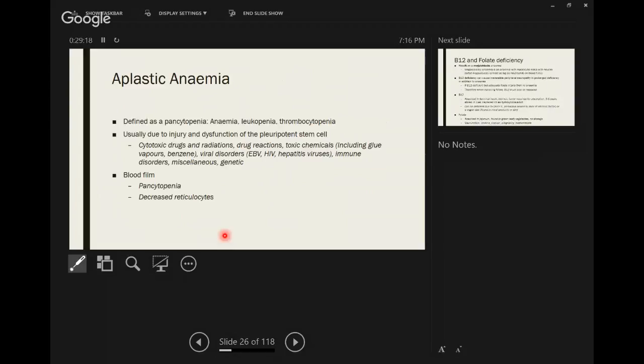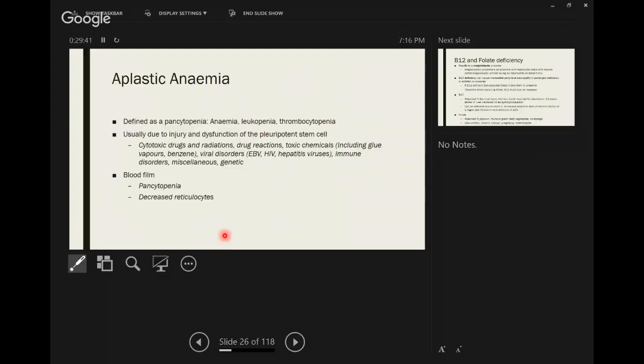Aplastic anemia. So we've moved on from hemolytics just onto other normocytics now. It's defined as a pancytopenia, so usually anemia, leukopenia, so a decrease in one of the white blood cell types, and thrombocytopenia. And it's usually due to injury and dysfunction of the pluripotent stem cell.